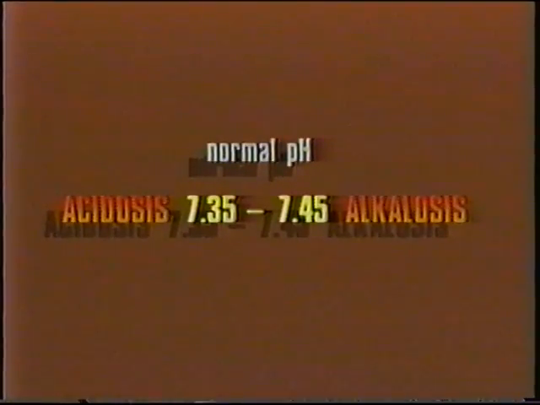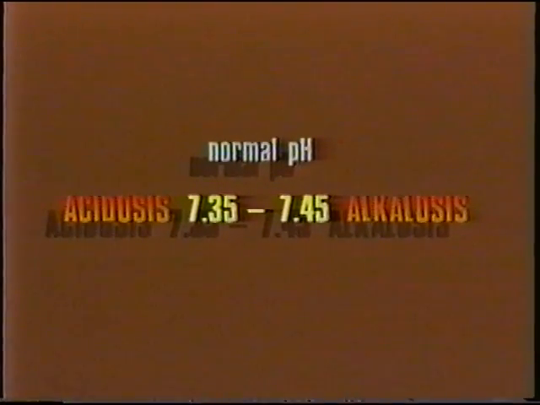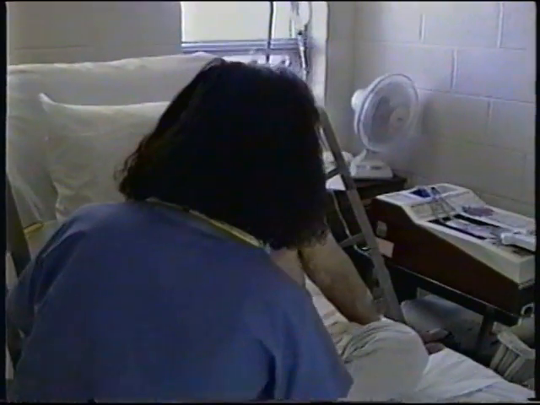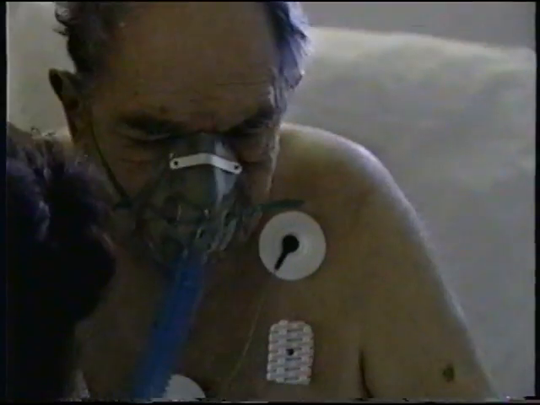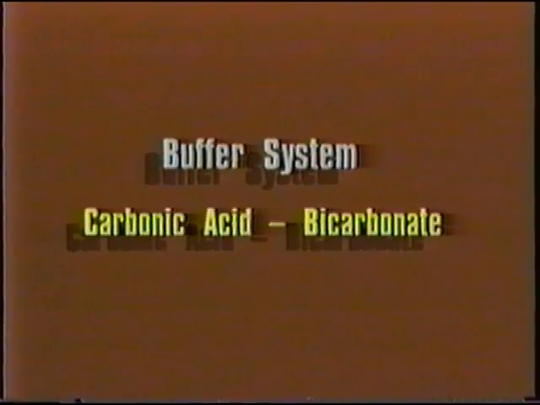The body, when functioning normally, can maintain a normal blood pH of 7.35 to 7.45 by means of its internal buffer system. The buffer system acts as a defense mechanism that responds to changes in the hydrogen ion concentration so that the blood remains in the normal range. The primary buffer system affecting serum pH is the carbonic acid-bicarbonate relationship.